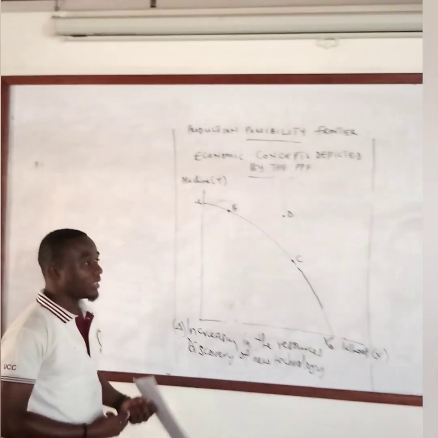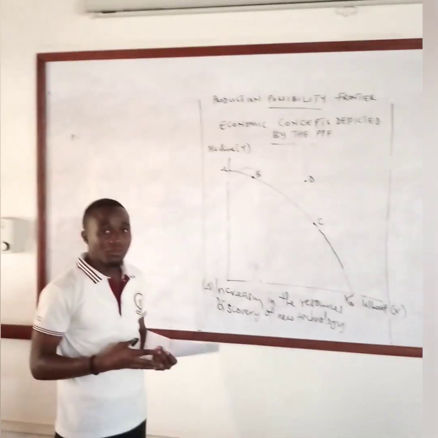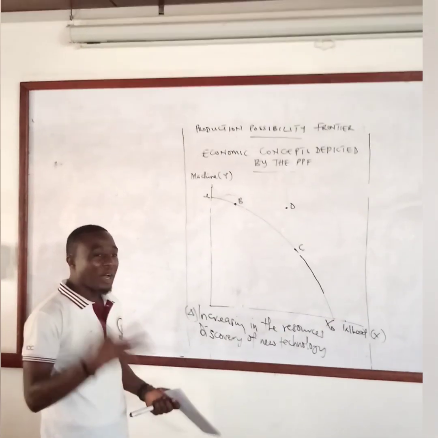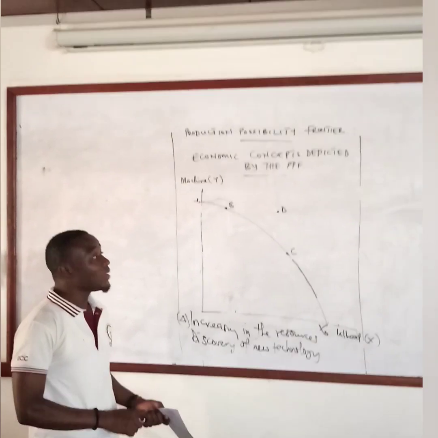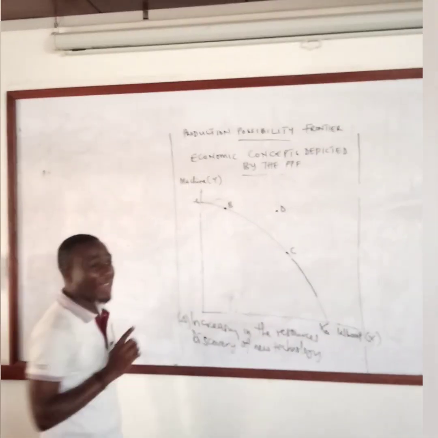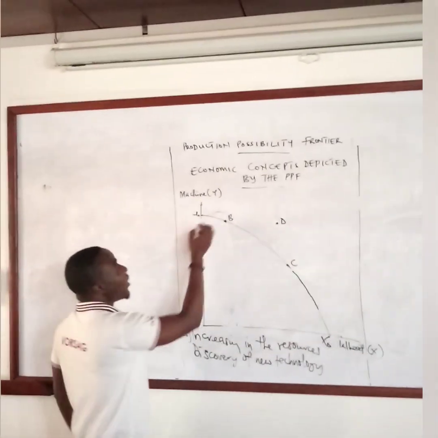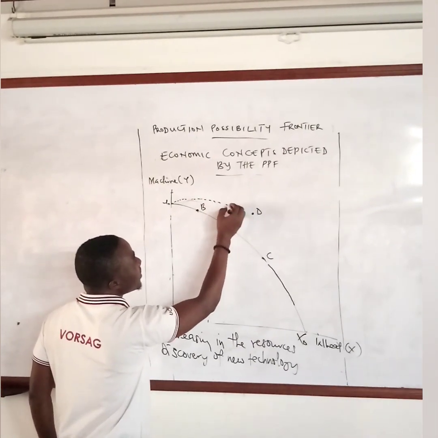So let's demonstrate that. Now, if there is a discovery in technology in the production of X, we will see that the amount of good X that will be produced will now increase. So if I want to get to D, now this one is going to increase, but remember that we've not discovered anything for Y. So Y will remain the same while X increases.